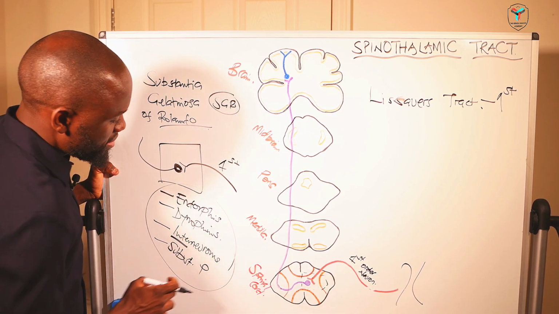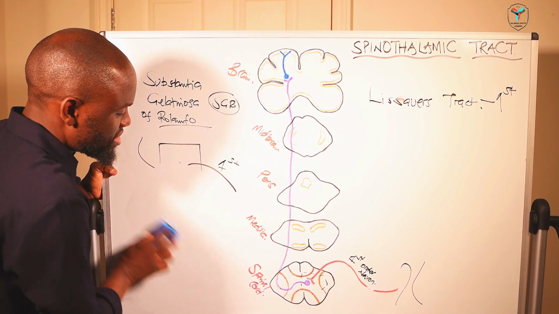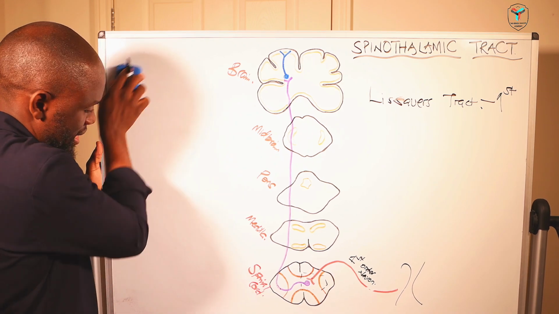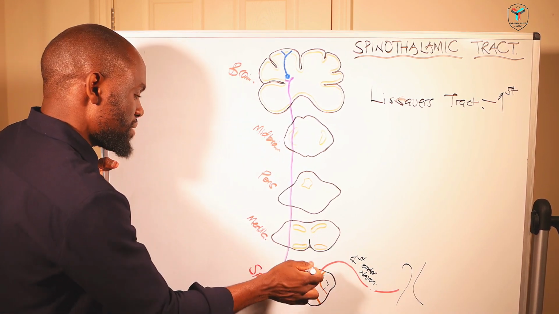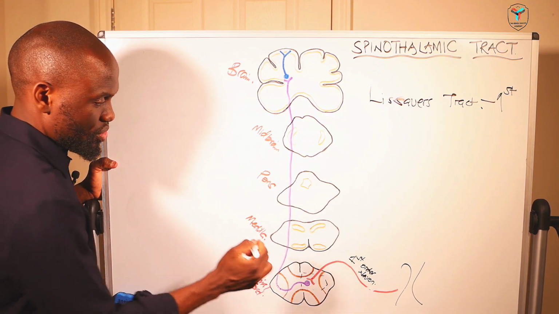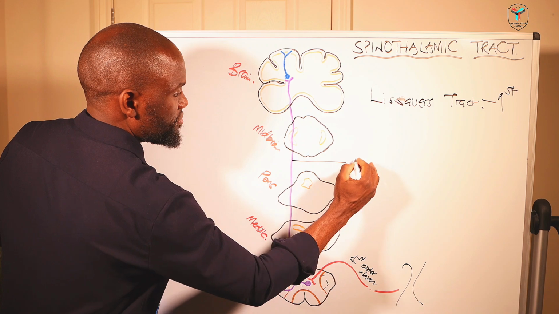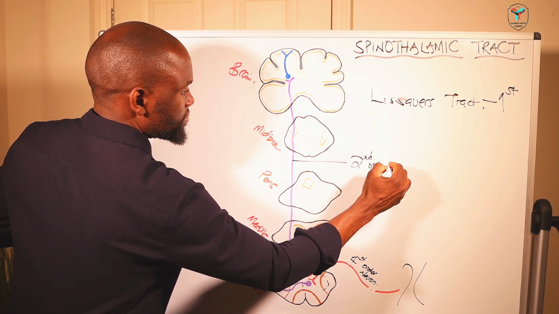Now, once the synapse has then happened here, or the message has been passed to the second order neuron, there is going to be movement of that second order neuron. So this one which has gotten the message now is what we will be referring to as our second order neurons.